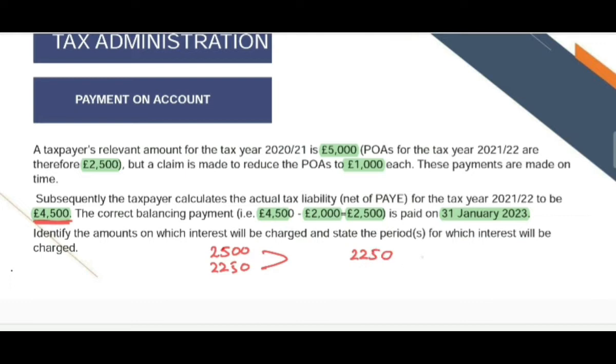This is the amount that should have been paid. Now we need to compare this with the amount that we have actually paid, and that is 1,000. So this is the difference of 1,250 on which interest is charged.